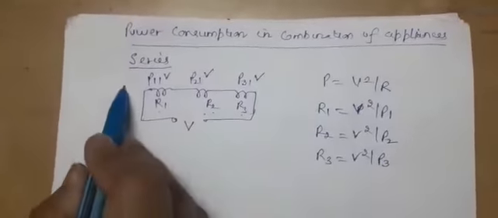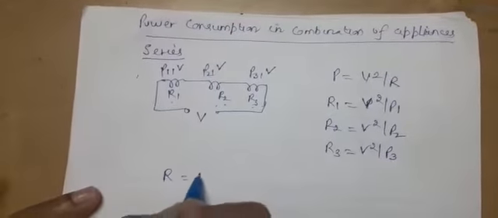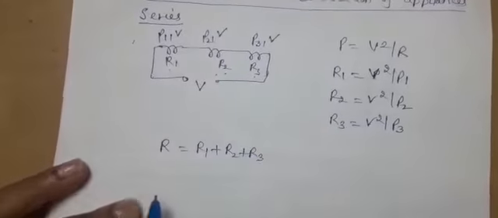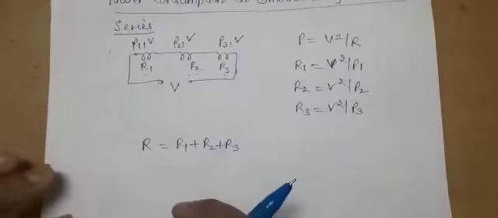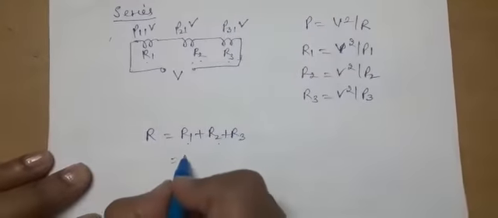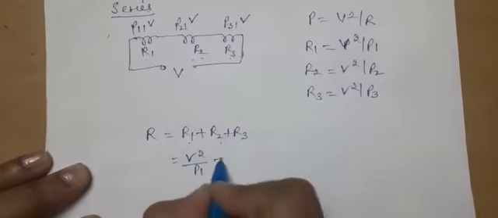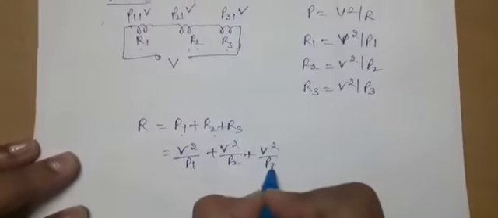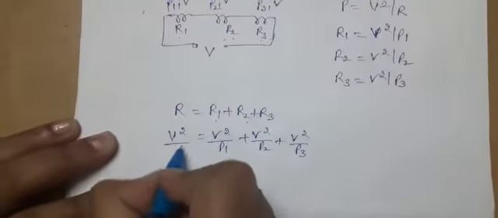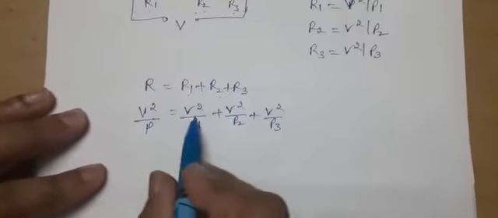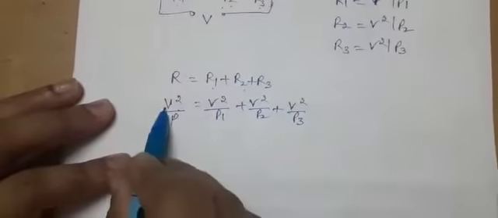In series combination, the total resistance is the sum of the individual resistances. So substituting the values of R1, R2, R3, it is V square by P1 plus V square by P2 plus V square by P3. If the total power for the combination is represented by P, taking V square common from the right hand side, it will cancel out.